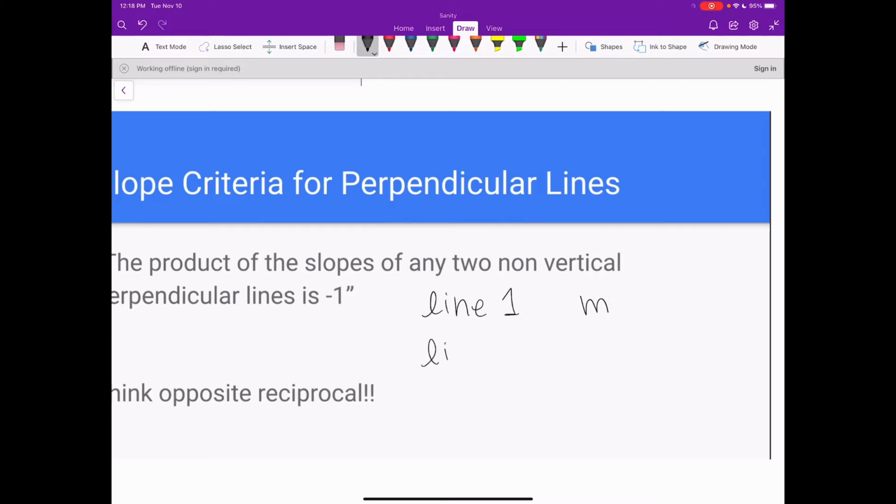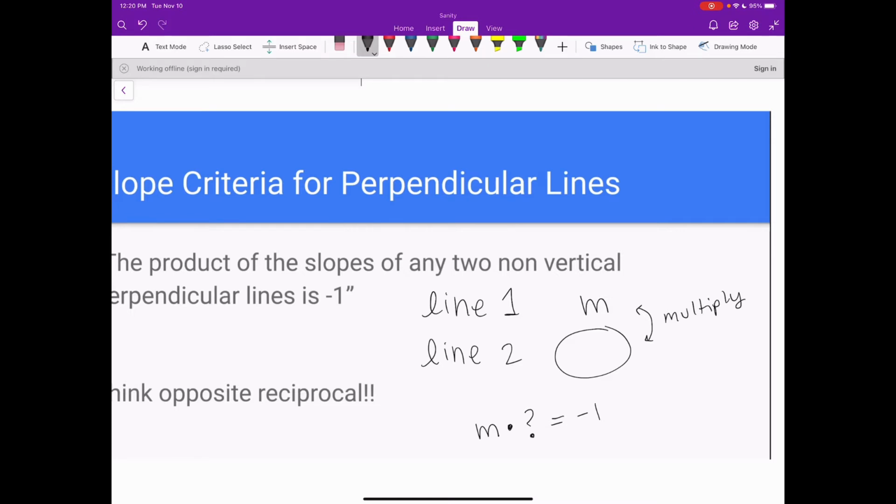Line 2 has to have another slope, and we know that the product of those slopes, if I take both of these and multiply, equals -1. So m times, I'm just going to say question mark, the slope of the second line. We're going to solve for it in just a second. m times the slope of the second line, whatever that may be, is equal to -1.